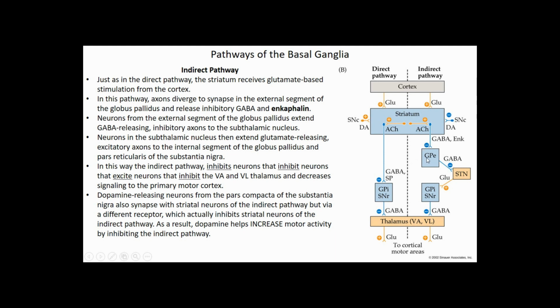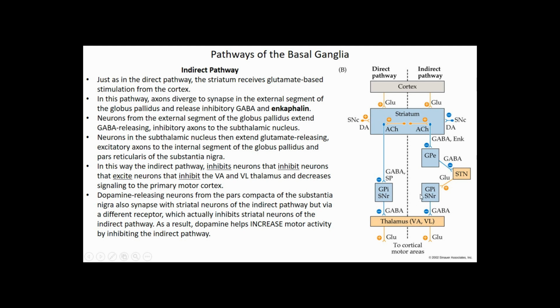It's instead going to the globus pallidus external part, inhibiting that, which normally inhibits via GABA the subthalamic nucleus. Then the subthalamic nucleus generally is going to activate through glutamate the globus pallidus pars interna and the substantia nigra pars reticularis.